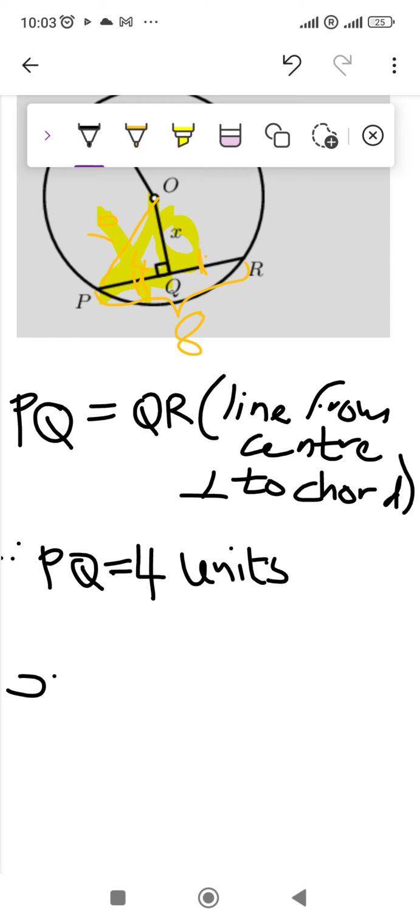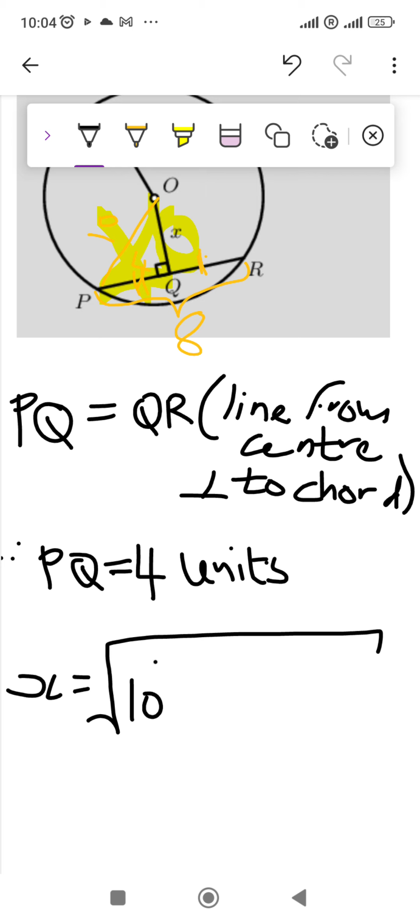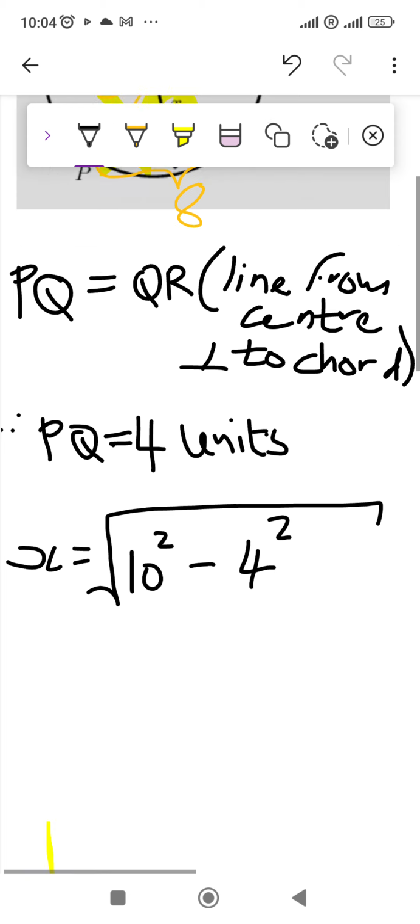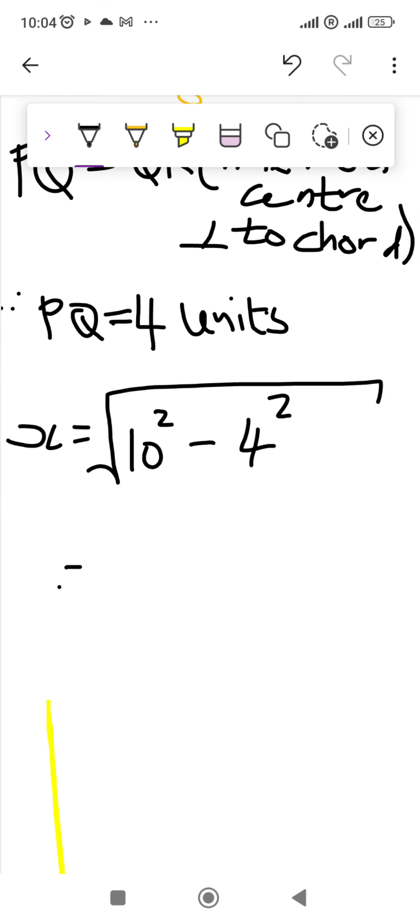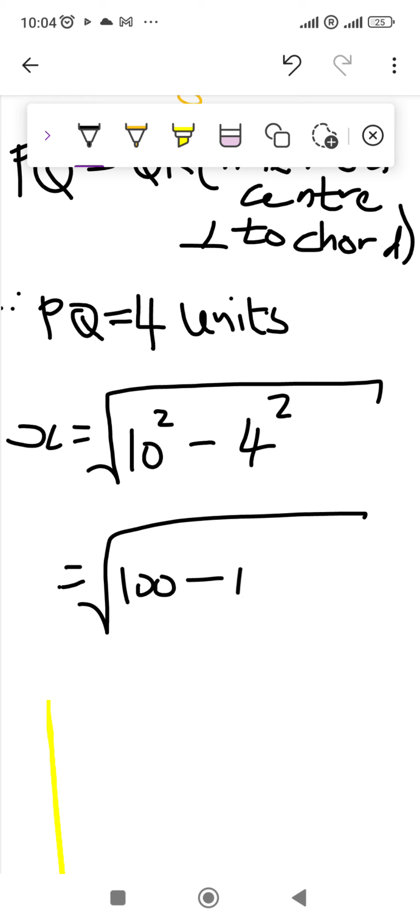So we'll say X is equal to, and we'll go straight to the square root of 10 squared. That's the hypotenuse. The hypotenuse gets squared, and then you subtract one of the other short sides squared, so it's going to be 4 squared. Right, so let's do the math here. Square root of 10 squared is 100, minus 4 squared is 16.